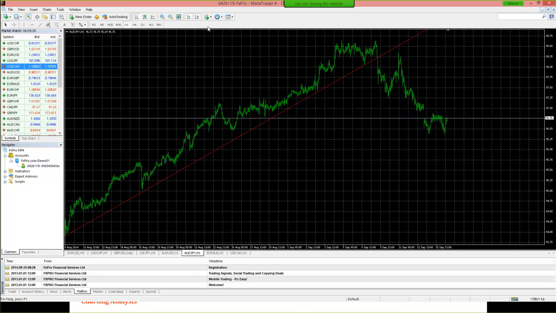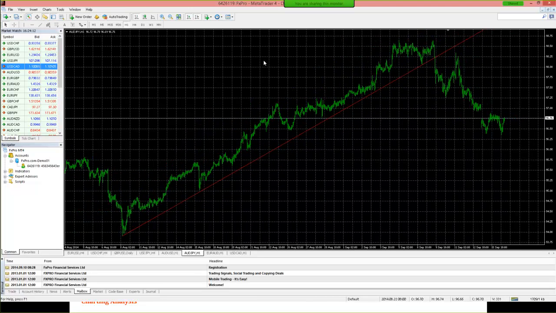Let me just move this so you can see a bit easier, and a strong move downwards, and then we had a bit of a throwback with price moving fairly close to where the trend line previously was. So it's important to note that you can actually see a trend line being tested as well, with the break leading to a throwback.